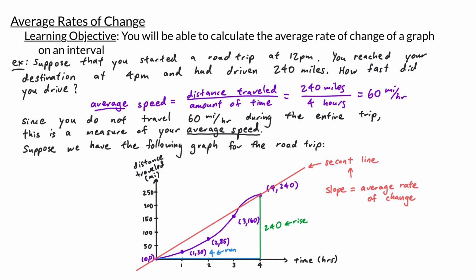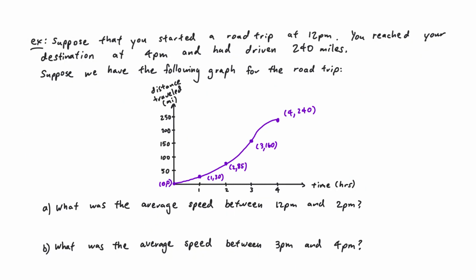Now let's use this idea to help us calculate the average speed not for the entire road trip, but on different time intervals. So instead of looking at the entire road trip, in part A, we want to find what's the average speed between 12 p.m. and 2 p.m. So remember that our average speed is equal to the slope of the secant line connecting the two endpoints.